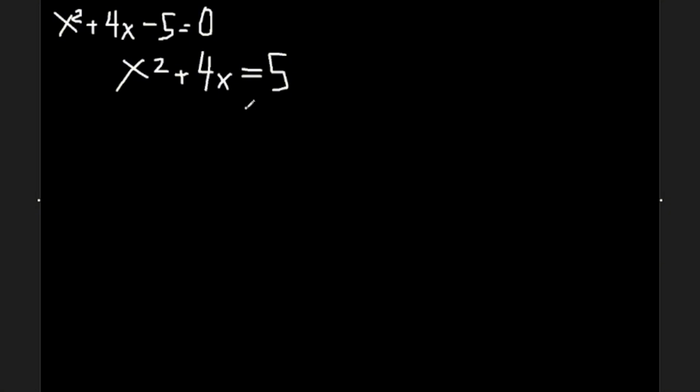Take half of the coefficient of the x term, which is 4. 4 divided by 2 is equal to 2. And then square it. Now we got 4.